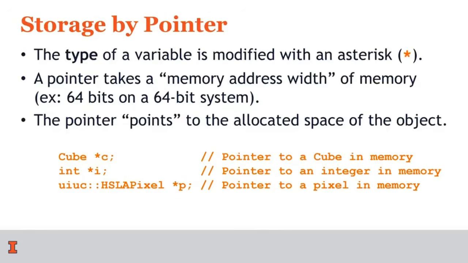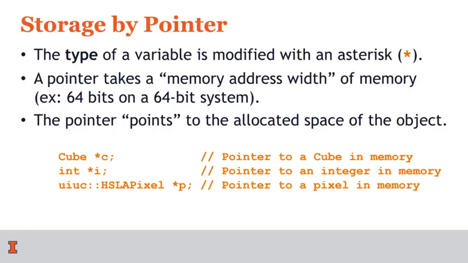You've also seen us storing things by pointer. We introduced the idea of a pointer when we started talking about heap and memory. And the type of a pointer is the type of the object modified with the asterisk. A pointer takes on the memory value of another piece of data. And the exact length of that memory address is going to be the memory address width of the system.